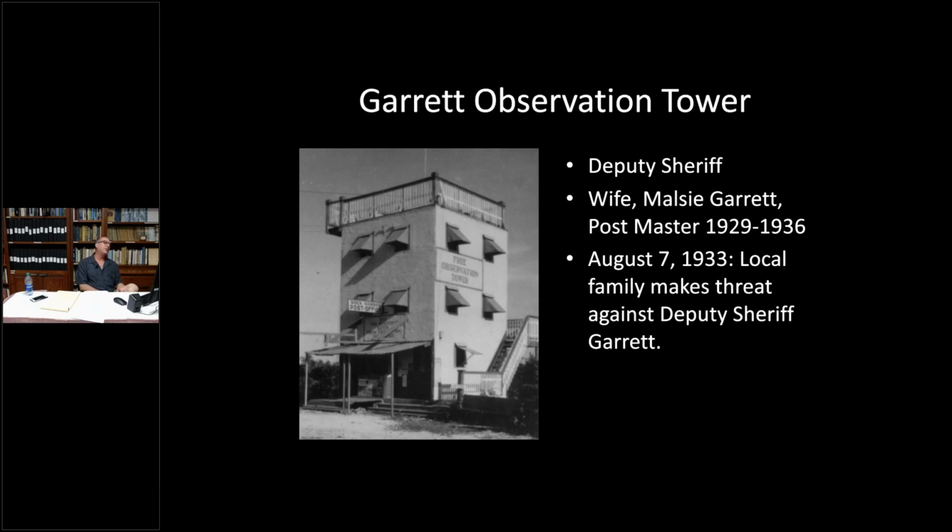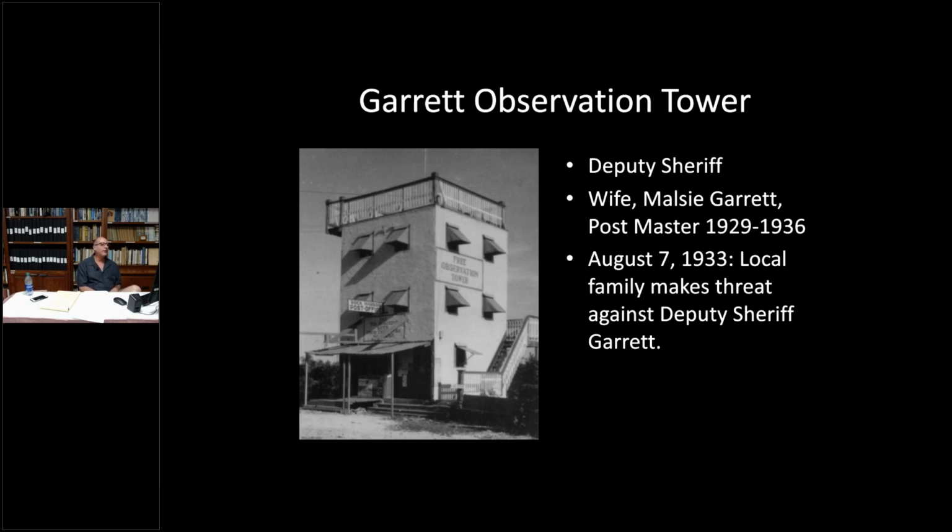Now, this is the Garrett Observation Tower, which is a really cool old building. And this was located again around mile marker 98. It would have been in what is today, I believe, the median between the Overseas Highway, the northbound and southbound.